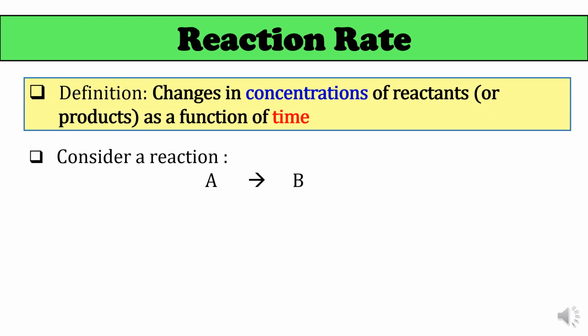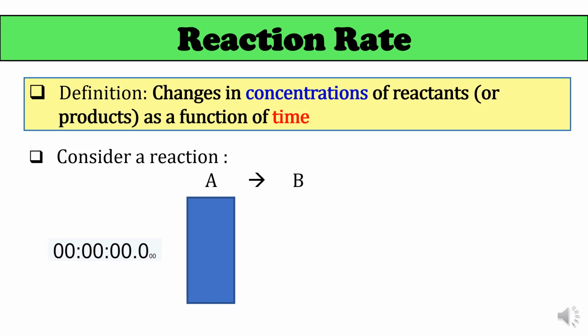Consider the following general reaction equation. A produce B. So A is reactant and B is product. Let's say the rectangle below the equation represents the concentration of the reacting species.